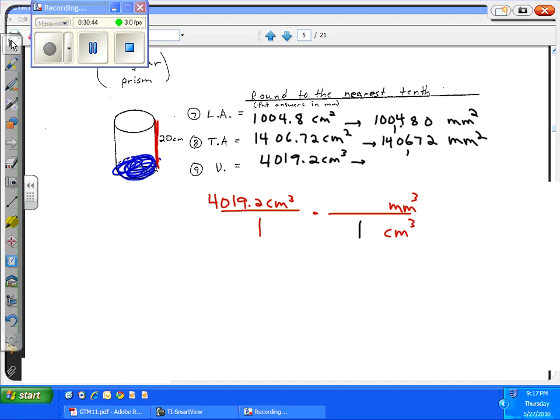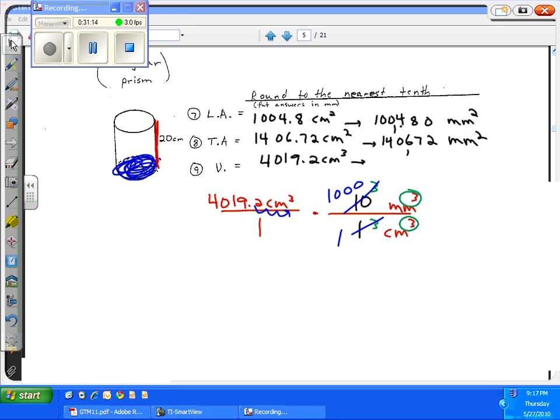The larger of the two is centi, so we have one of those. The smaller is milli, so we have 10 of those. But we're not dealing with centi milli. We're dealing with cubic centi, cubic milli, so we cube our conversions. 1 cubed is 1. 10 cubed is 10 times 10, which is 100 times another 10, which is 1,000. So we're multiplying by 1,000, which moves our decimal 3 places.